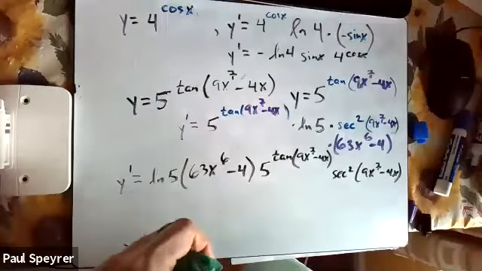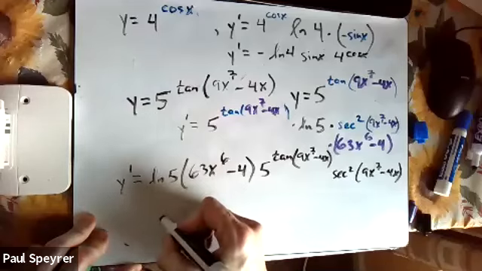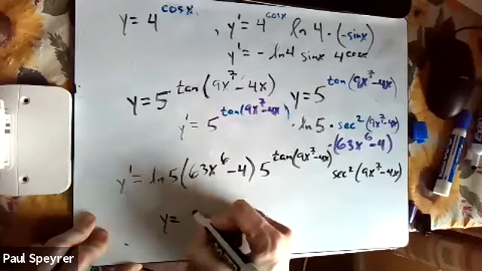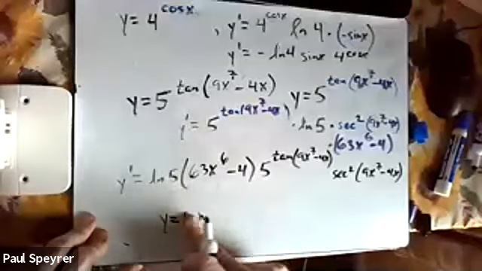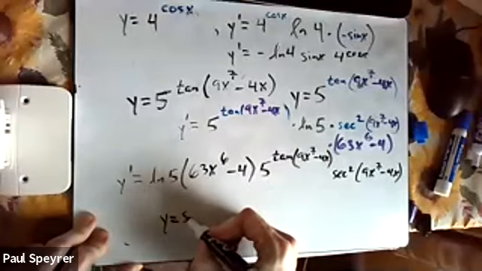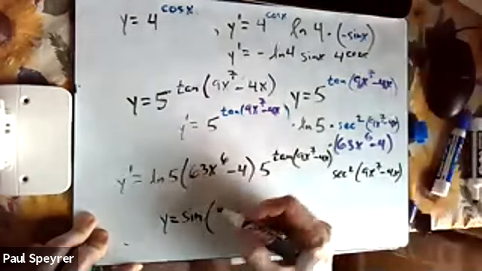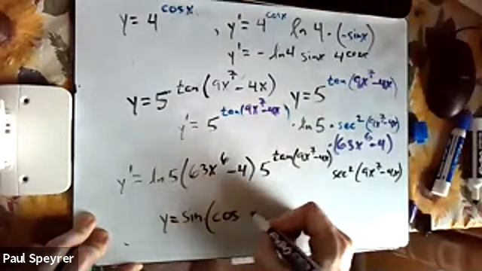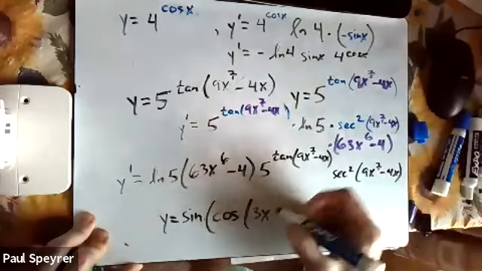Now, what if we had y equals sine of the cosine of 3x. Something like that.